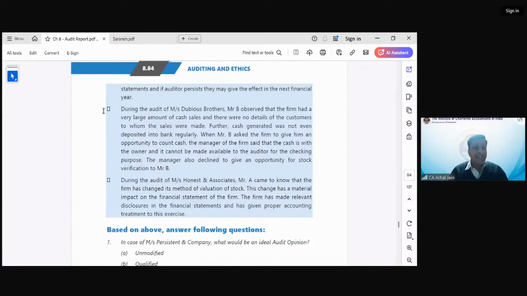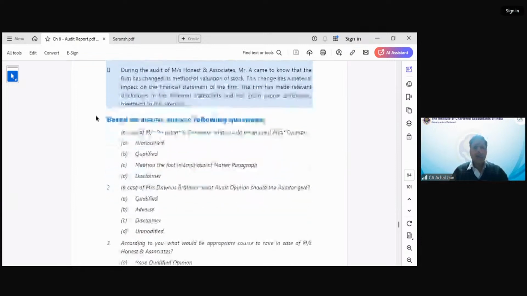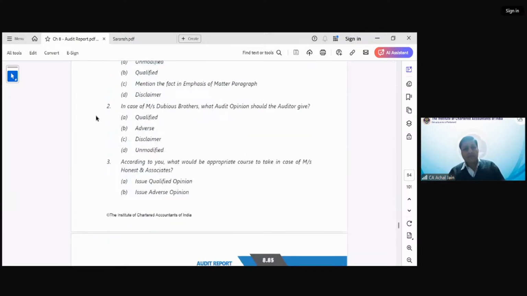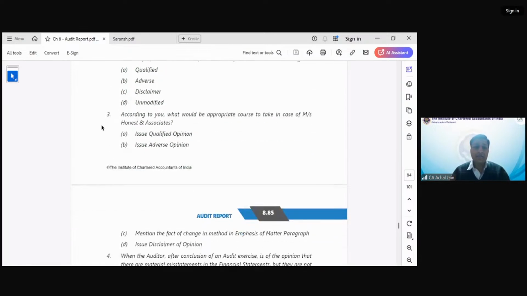And that's why we can definitely consider disclaimer as the best assessment. Clear on this, everyone? Any questions, any doubts? Clear, everyone? Okay, Bhavna is clear. Everyone clear? Very good. Now moving on to this third case scenario.